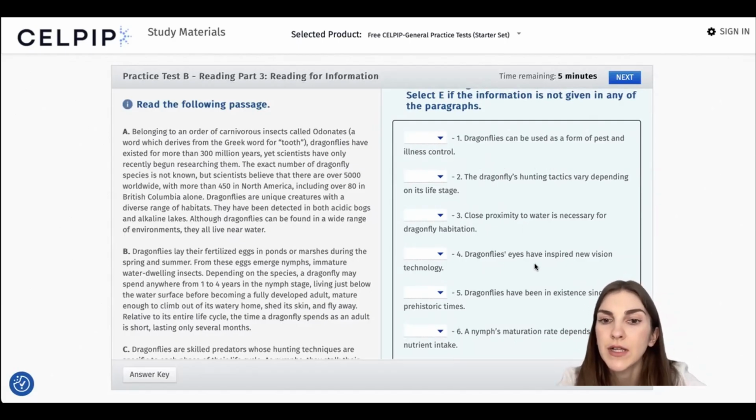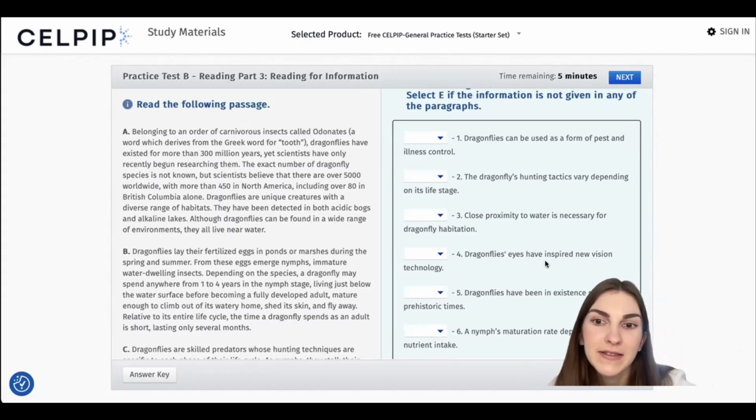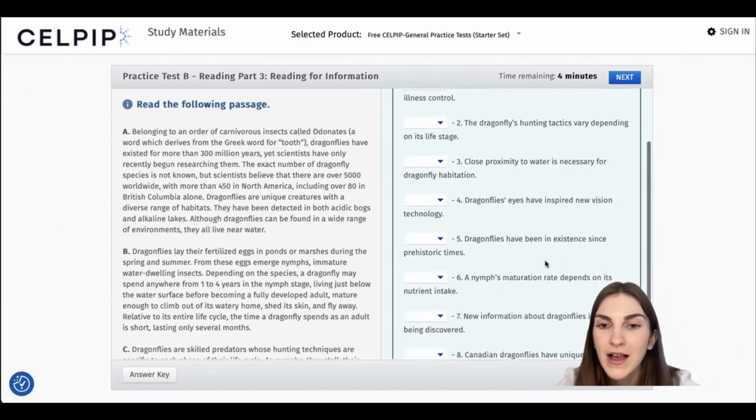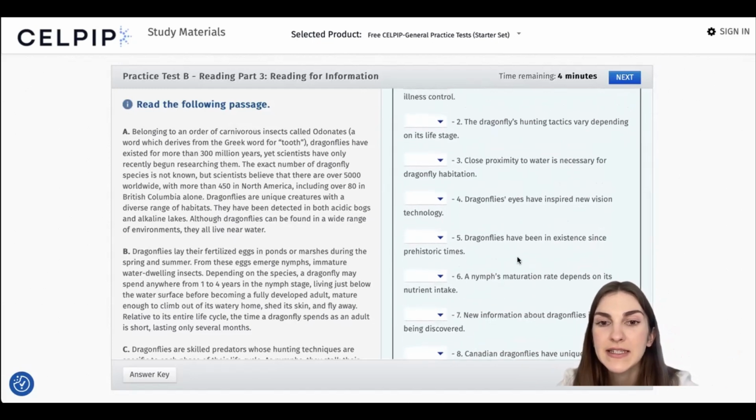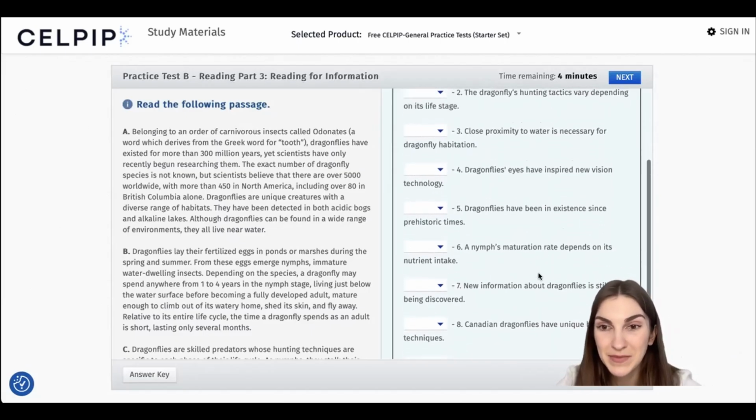Dragonfly's eyes have inspired new vision technology. Inspired, so the new vision technology, like maybe some glasses, Apple glasses, Meta glasses, were built based on dragonfly's eyes. Dragonflies have been in existence since prehistoric times, so they existed very, very long ago.